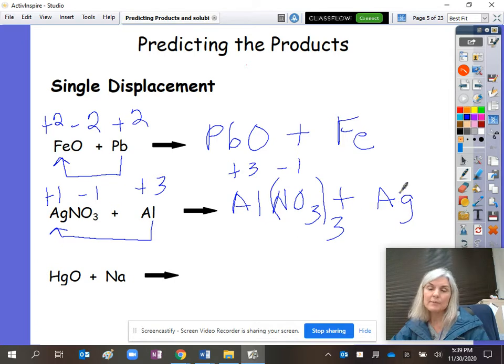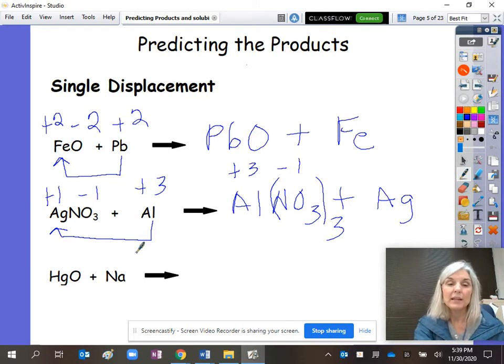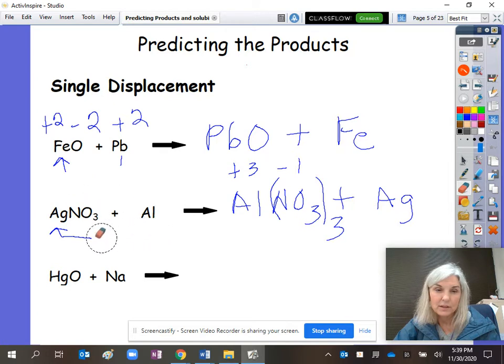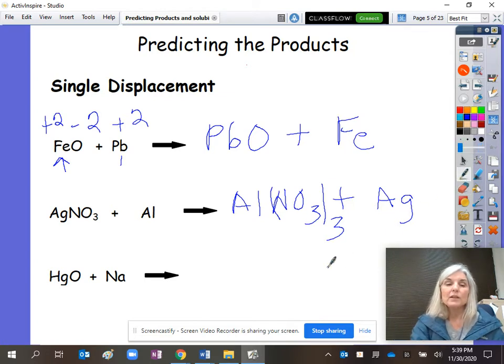So now we need to balance. If you notice, there are 3 NO3s on this side, but 1 NO3 on this side. So the only way you can balance it, and let me move some of this stuff out of the way so you don't get confused at our charges, is to make this one have 3, we got to put a coefficient 3.